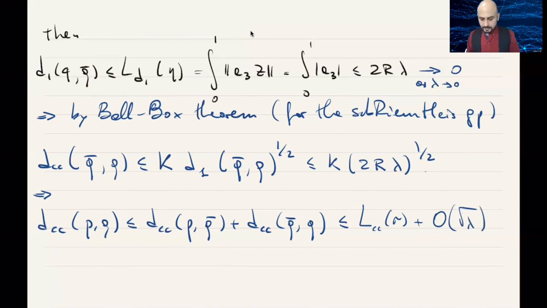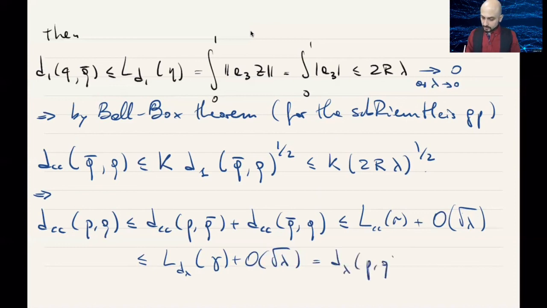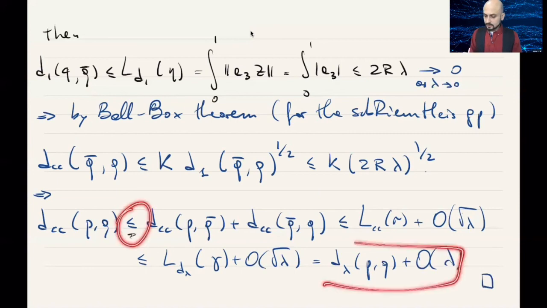Now, the CC length of sigma by construction is less than the lambda length of gamma, which was equal to the lambda distance of P and Q. So we also proved the other inequality for the distance.